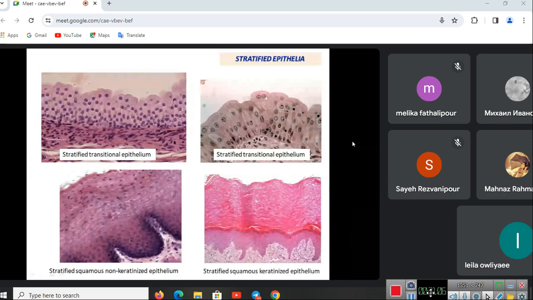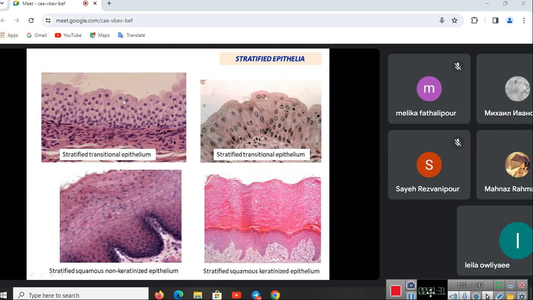Stratified epithelia are shown in this picture. In the top two pictures you can see transitional epithelium. In the left picture it is not stretched, in the right picture it is stretched. So in the left picture the number of rows of cell nuclei is higher than in the right picture.